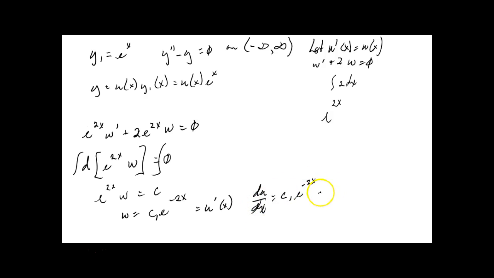So let's put that in differential form and then integrate both sides of this, and you get u is equal to c1 times the antiderivative of e to the minus 2x.